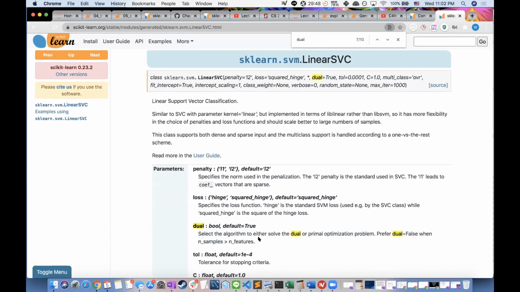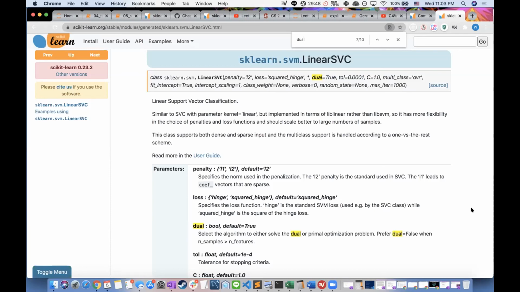So since the default is true, and we want dual to be false based on what he told us, right? That we want the primal if m is greater than n, because it's skinny, as Joseph explained. When it's skinny, we want the primal, not the dual. And so that's why I switched it, saying, hey, I want it faster. Why do I want it slower? You just told us that's faster, but that doesn't work.